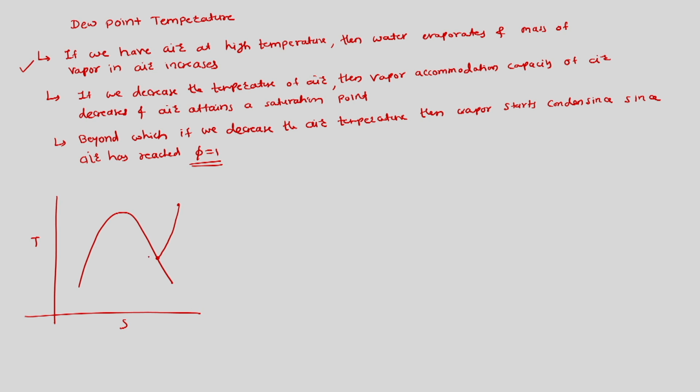That saturation vapor point would give us the saturation temperature, which is called dew point temperature. So the dew point process is at constant pressure and we are attaining phi is equal to 1, which is leading to condensation.